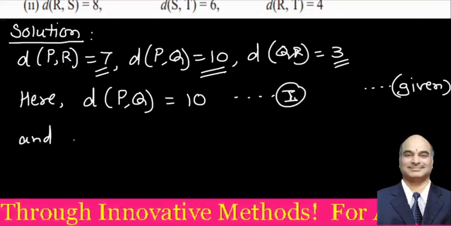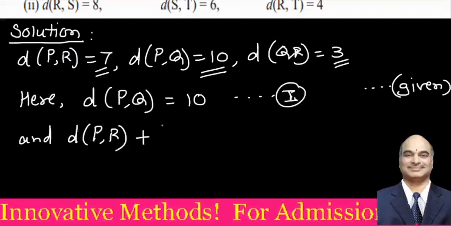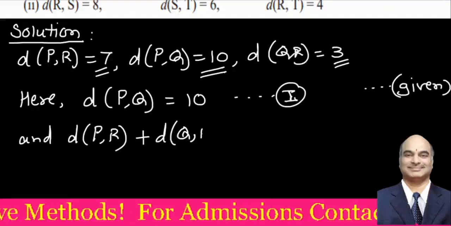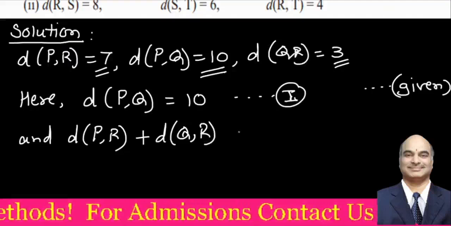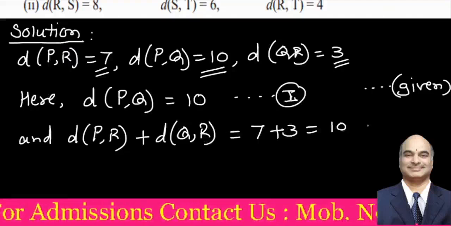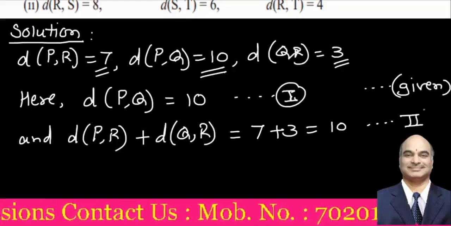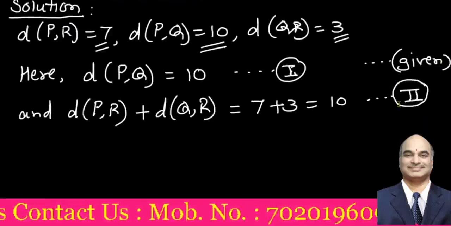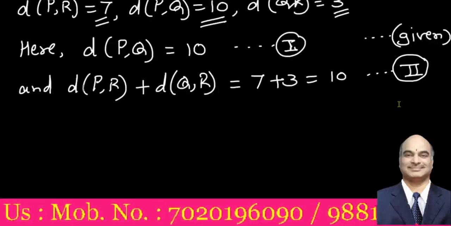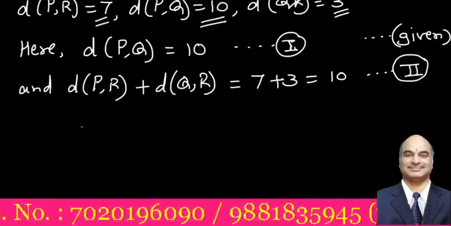And distance PR plus distance QR is equal to 7 plus 3, that is 10. So this is our statement number 2. Okay, got it? Now if you observe statements 1 and 2, the right hand sides are equal, 10 we get here.